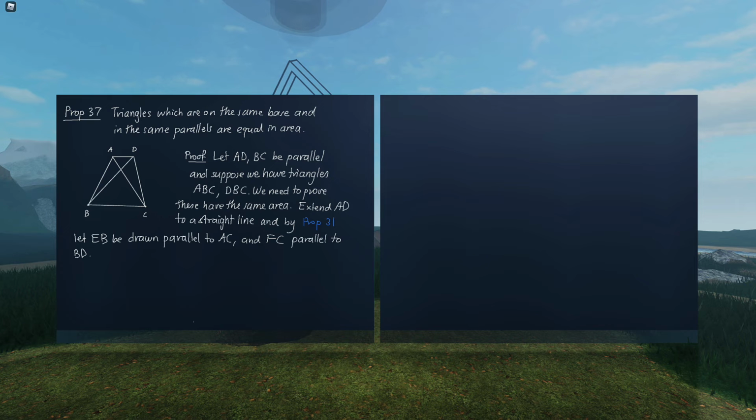So I'm going to draw this as long as you like. Then I'm going to draw this line parallel to AC by proposition 31, and I'm going to call where that meets that line ADE, and then I don't need any more of that line. So I'll just not draw the extra bits that I won't need. So let's see.